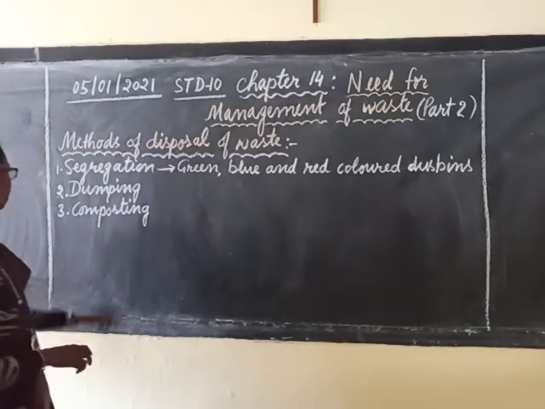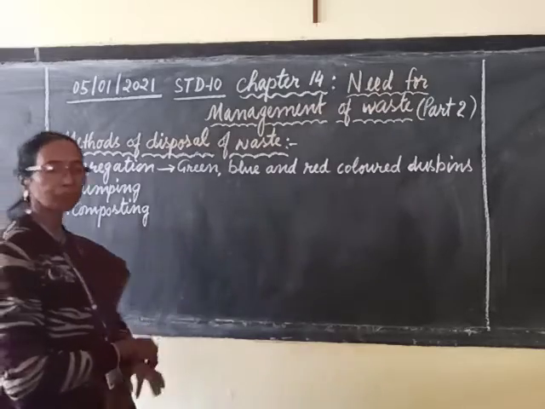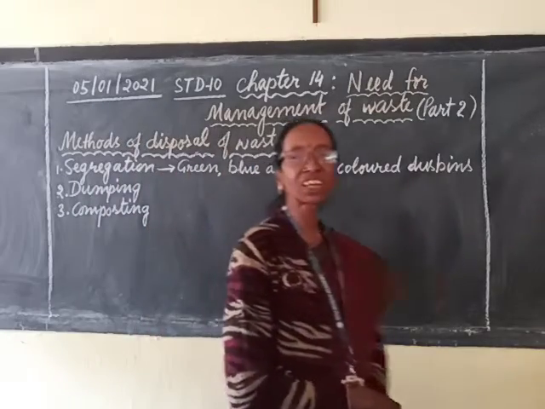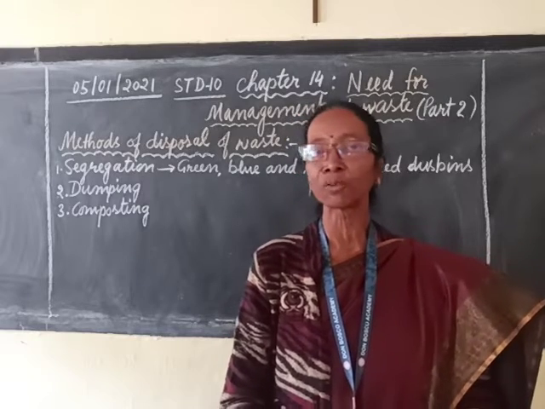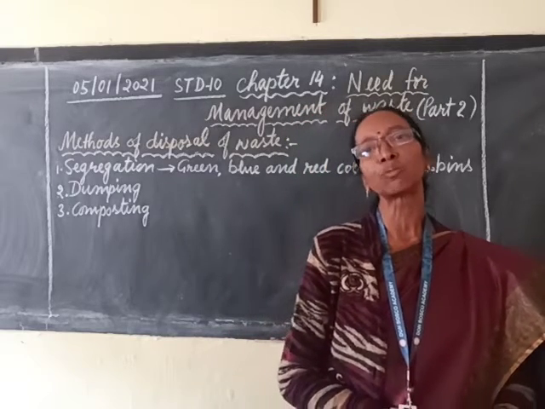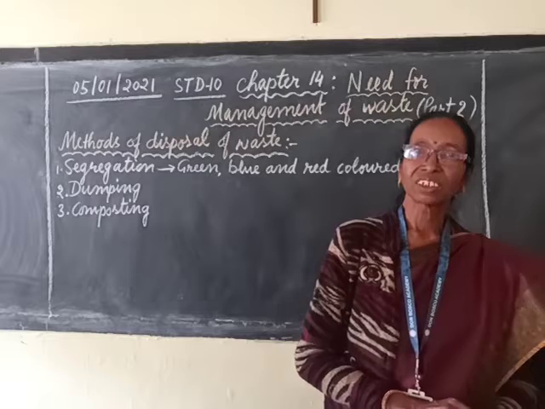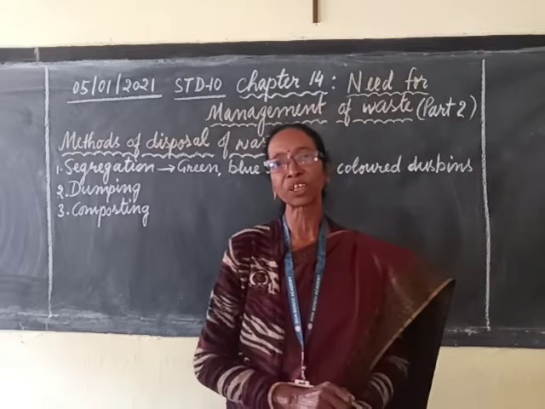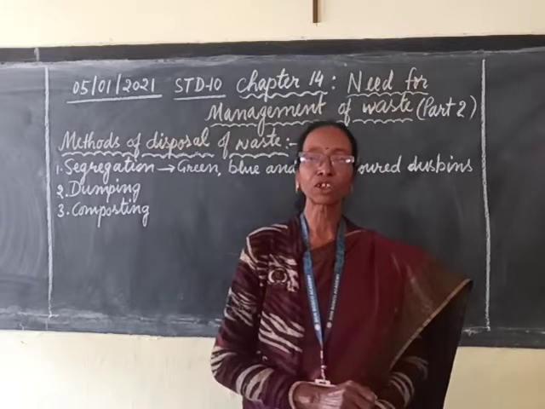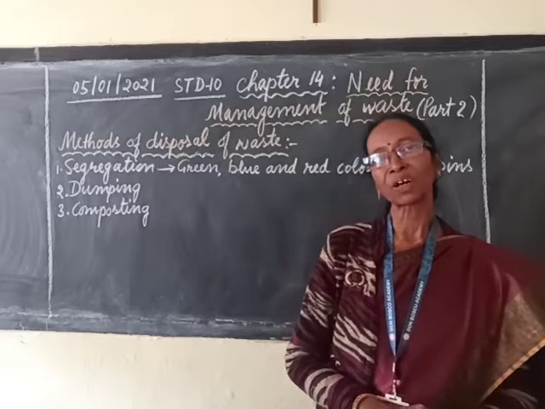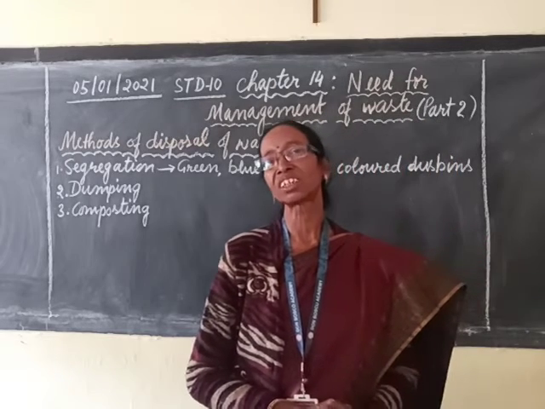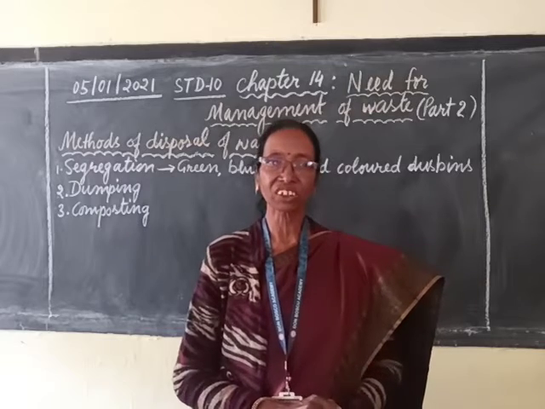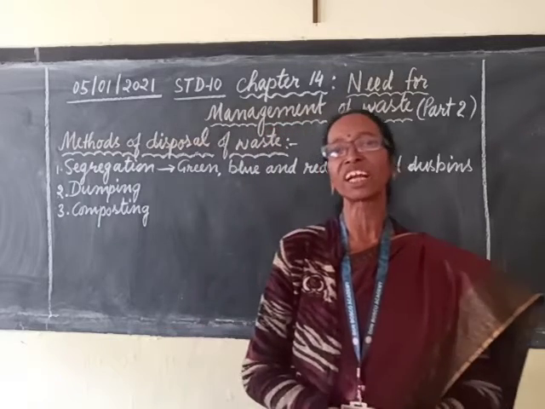The third method is composting. When dumping is done at a particular place and the waste is biodegradable, that can be decomposed properly. Just now I mentioned the waste coming from agriculture or domestic areas. They are biodegradable, and using different color dustbins that can be collected and dumped at a particular landfill.